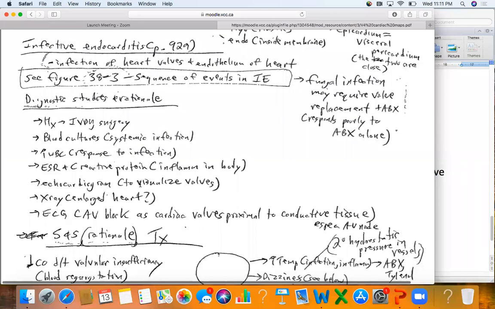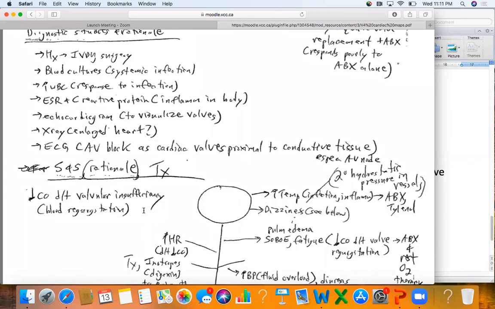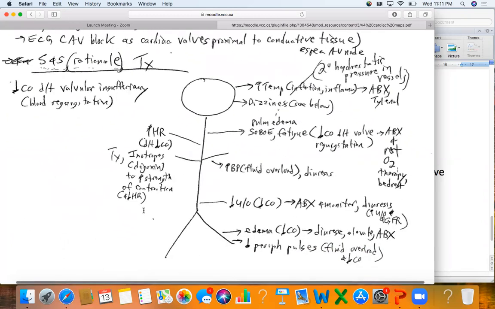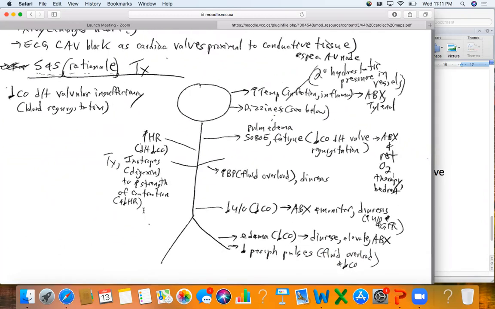Hopefully the rest of those items make pretty good sense. In terms of signs and symptoms, I'm certainly not going to read through it, but if you think about the infectious process and you think about a compromised heart, pretty much all of these items make perfect sense as you read from head to toe what manifestations there may be.